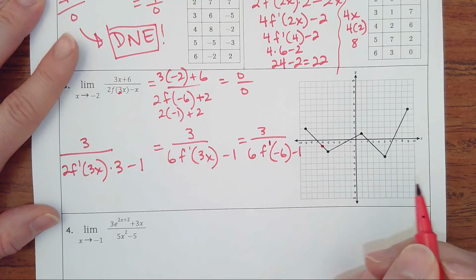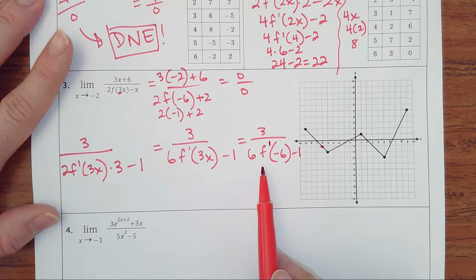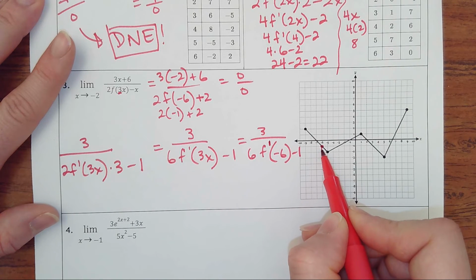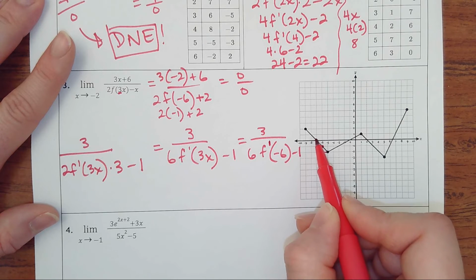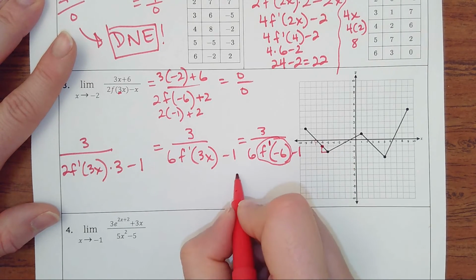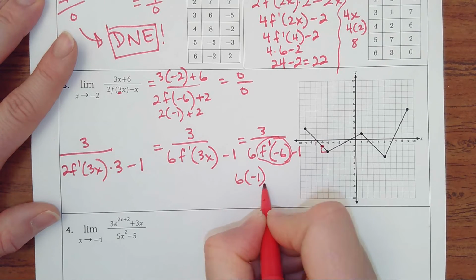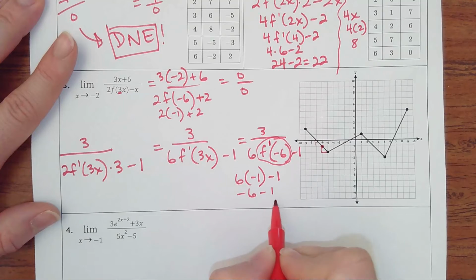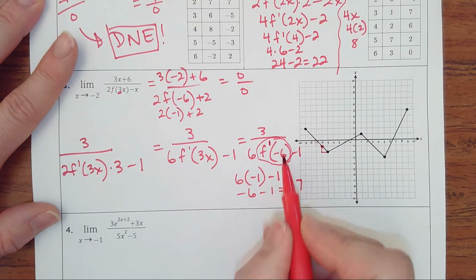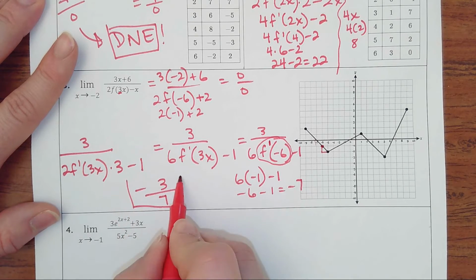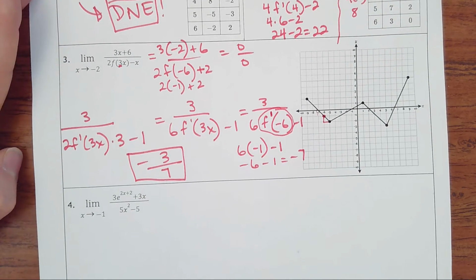So pay attention, we're not just finding f at -6, we're finding the slope at -6. So it would be this linear piece here, which looks like it's going down 1, right 1, down 1, right 1. So that's the slope of -1. So it'll be 6 times -1 minus 1, which is -6 minus 1 is -7. So I get 3 over -7, or -3/7 as my slope.